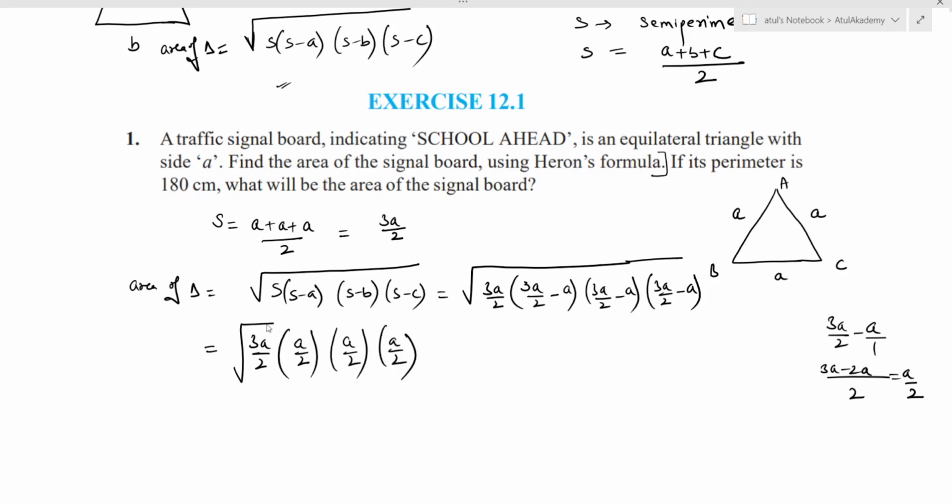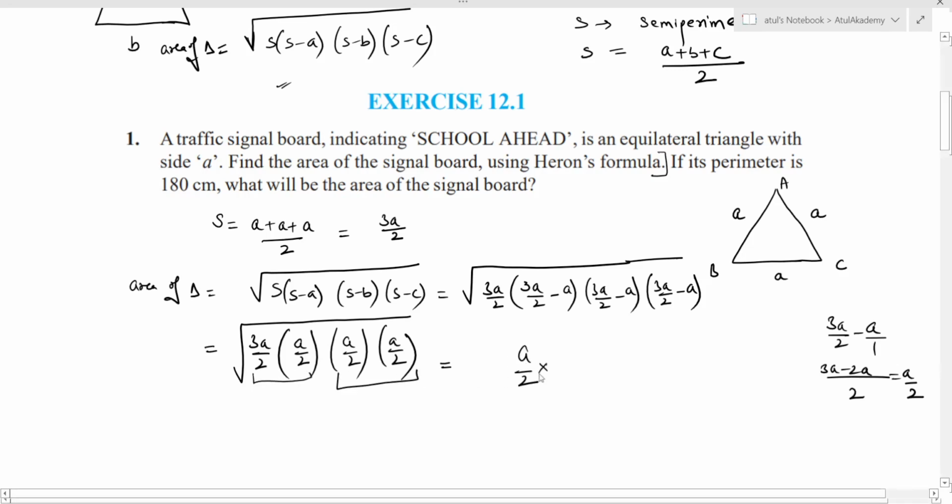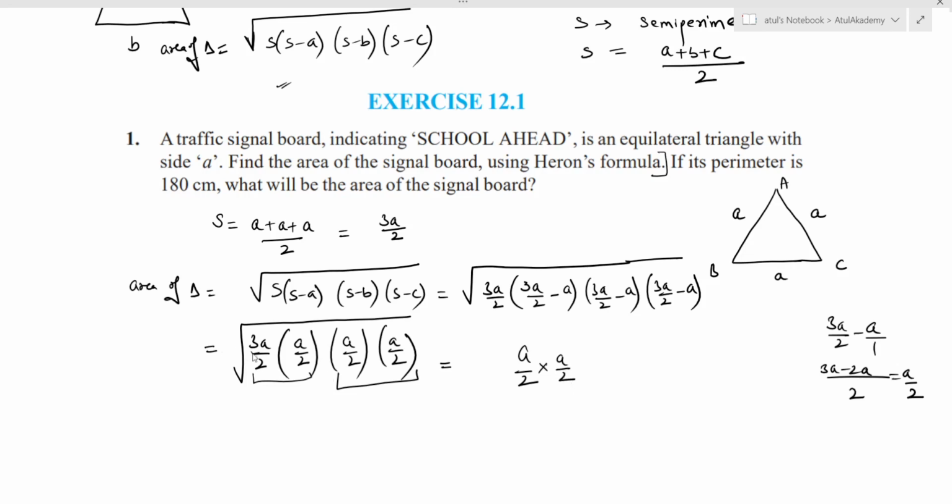So now when you have to find the square root, you look for pairs. Am I right? We always look for pairs. So I have pairs here. This is one pair, A by 2, I can take it out. Another pair, A by 2, I can take that also out. Remaining inside is only root 3. So what do I get over here?